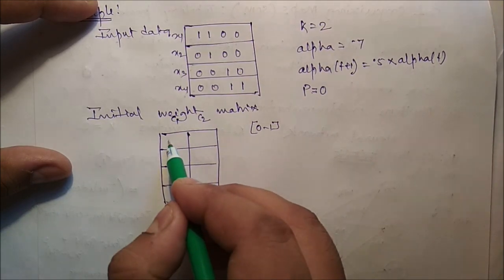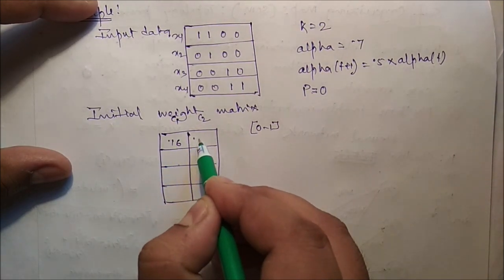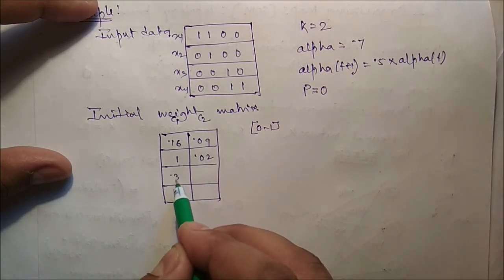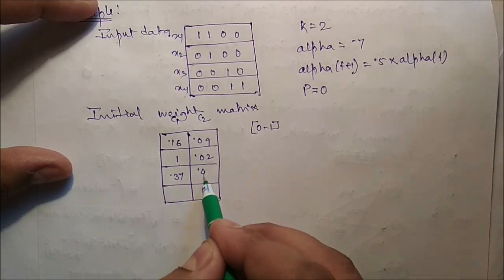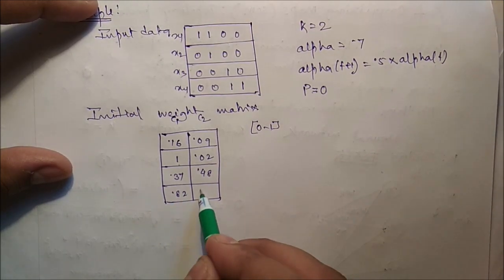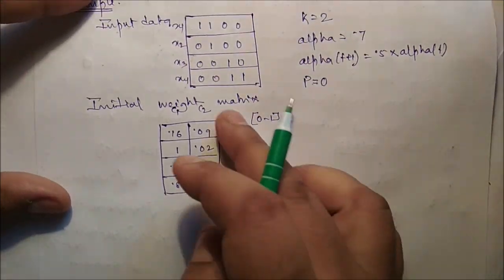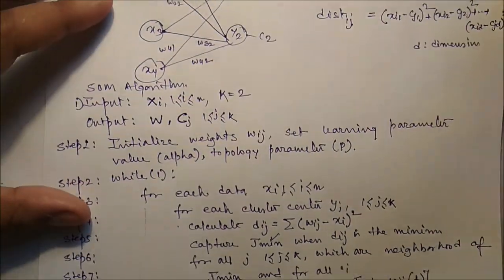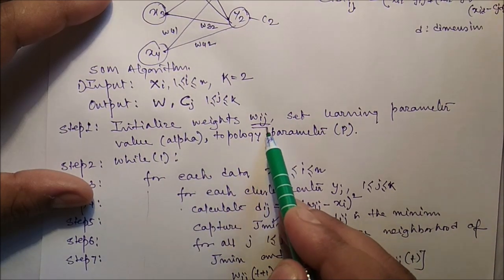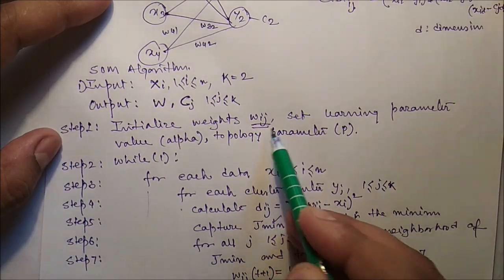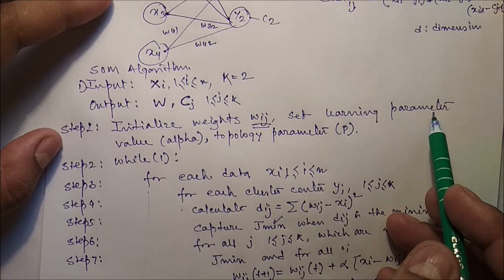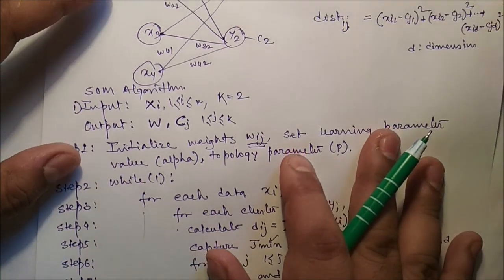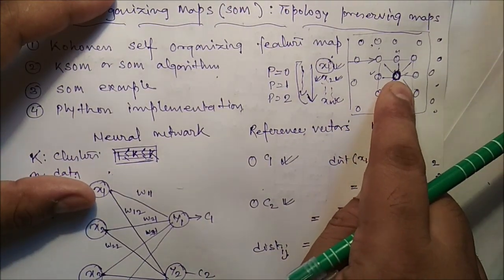Say the data may be 1.16, 0.9, 1.02, 0.37, 0.48, 0.82, 0.03. Randomly you have to assign the weights. So in this way you initialize the weights. Set the learning parameter alpha equal to 0.7, and the topological parameter here we assume p is equal to 0. That means we update only the nearest, not its neighbor.